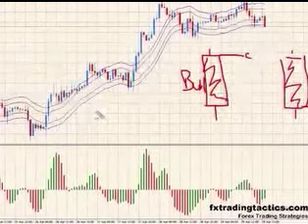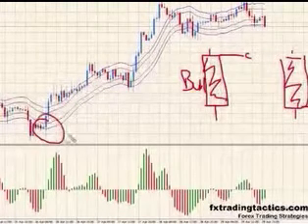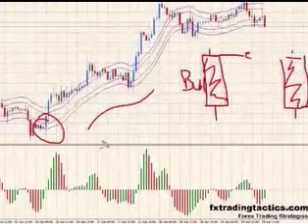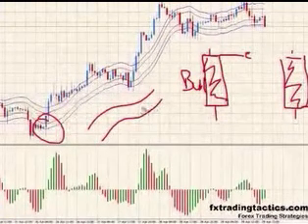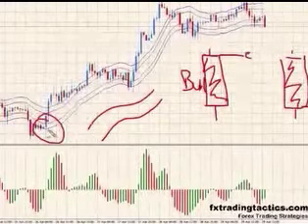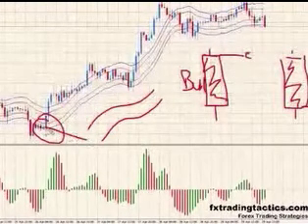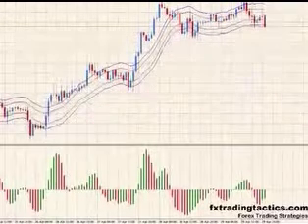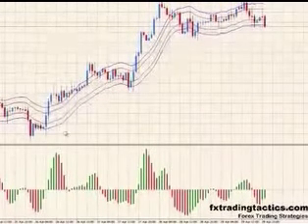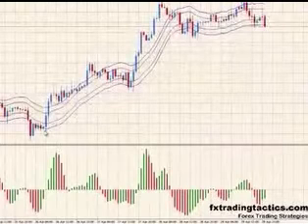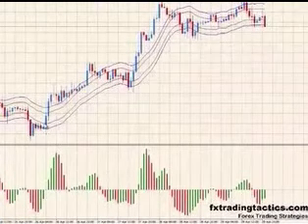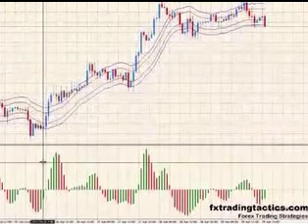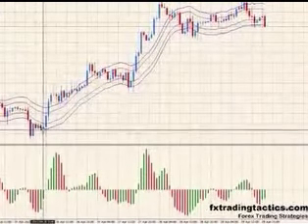This is a buy trade opportunity, and we're looking for the close to be inside the two lower bands, as you can see right there. When the close is inside those two lower bands, the next thing to check is where it lines up with the Accelerator Oscillator.